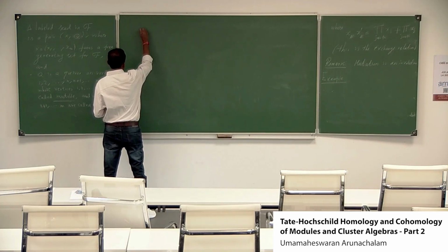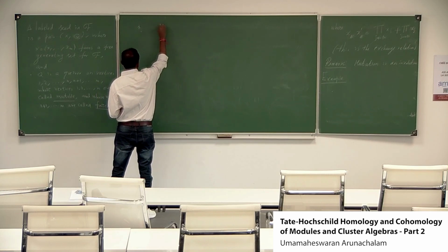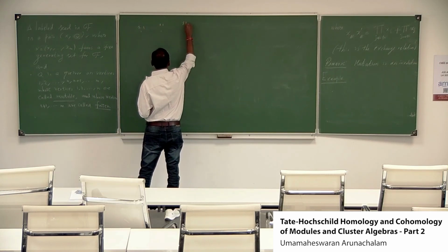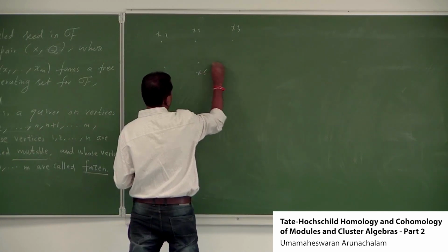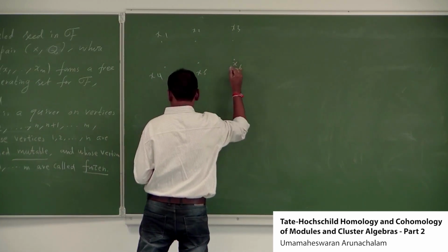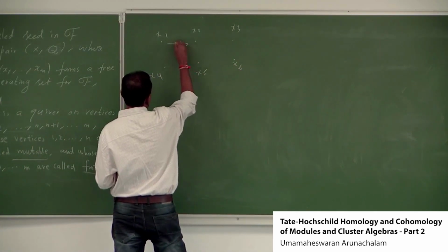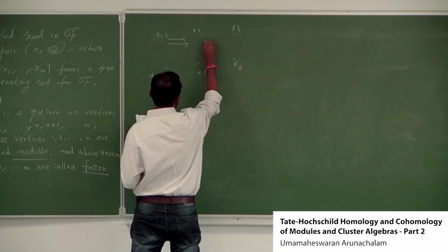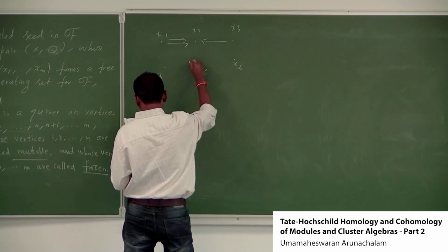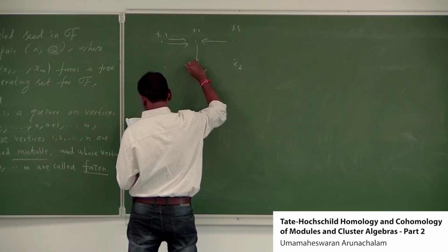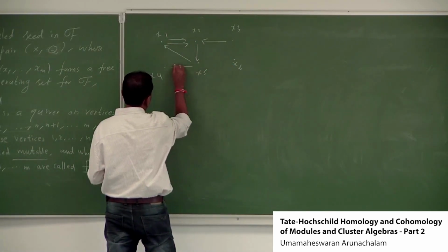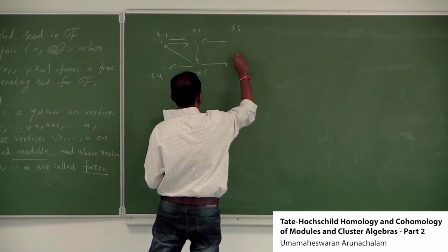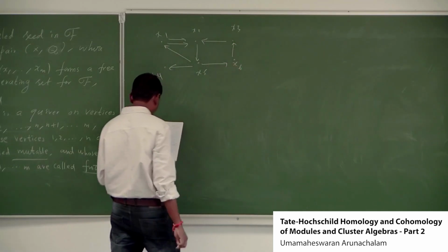For example, here x1, x2, x3, x4, x6, here 2 arrows, this place x3 to x2 1 arrow, x2 to x5 1 arrow, x5 to x1 1 arrow, here 1 arrow, x5 to x6 and x6 to x3.